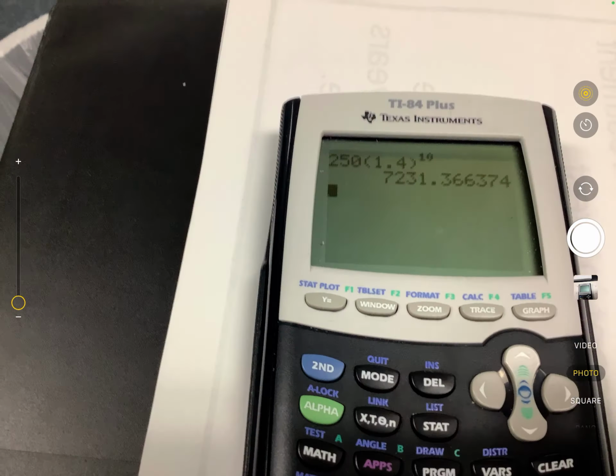Okay, so then the next question: how long will it take for the number of cases diagnosed each year to reach 5,000? That's the final amount at the end, which is your y. So this one we're going to be plugging in for y. And so notice we're solving for t, which is an exponent.